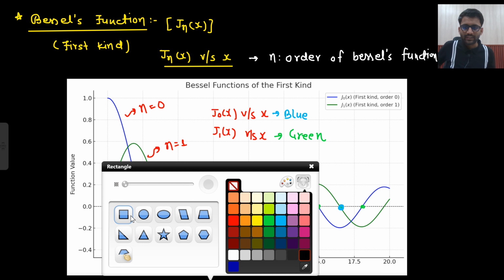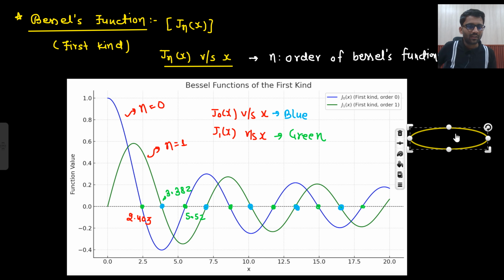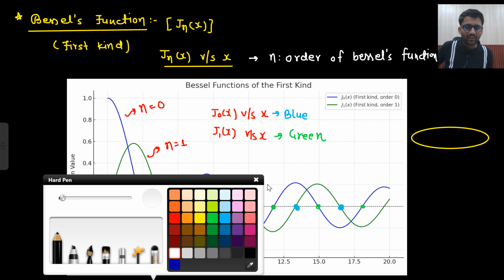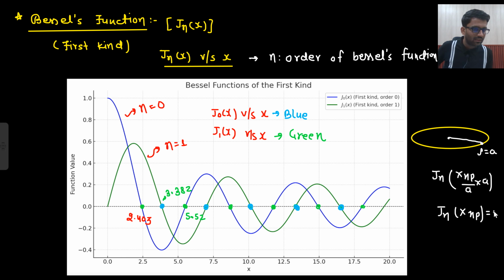What do you mean by rho equals a? Rho equals a means you have covered the complete circular waveguide, that means you have come to the boundary of the waveguide. At rho equals a, your Jn function of x'np by a into rho becomes Jn x'np. And what is the value of Jn x'np? That is 0 only.